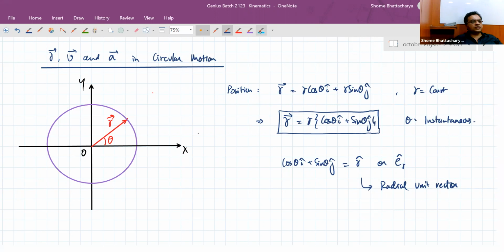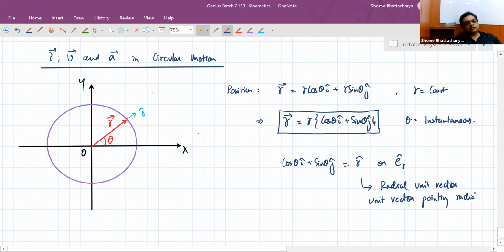So in my diagram, you can see that the radial unit vector is a unit vector that points directly away from the origin. Depending on where the particle is located, the radial unit vector is directly away from the origin, pointing radially outwards.